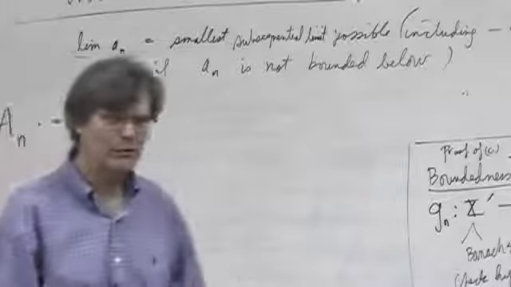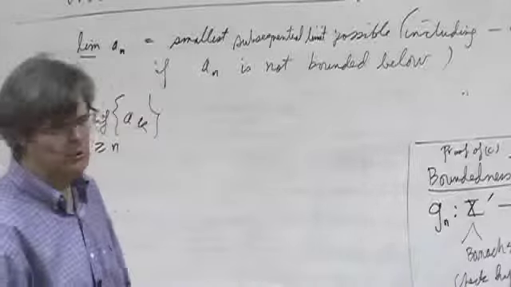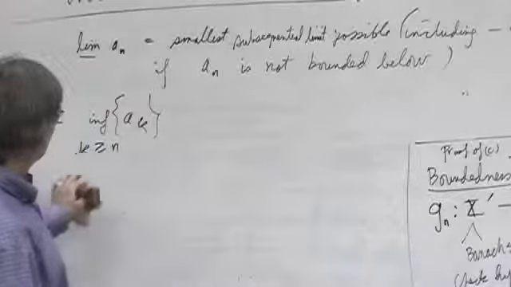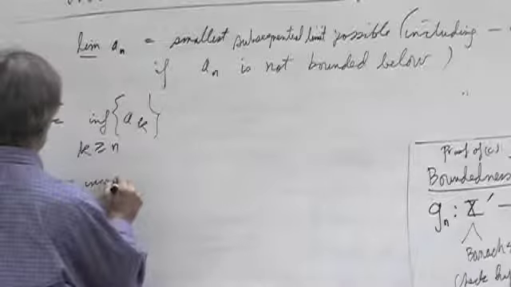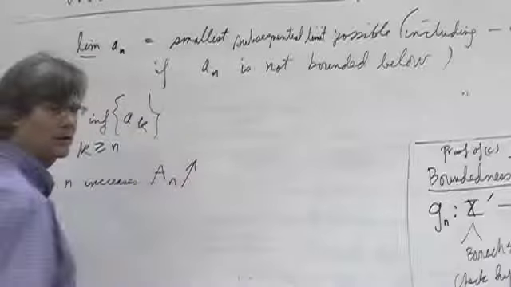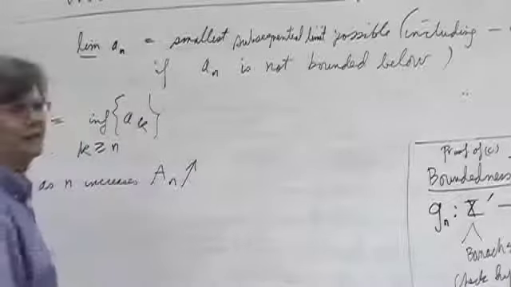So if I'm thinking of 1, minus 1, 1, minus 1, that's just the infimum of 1 and minus 1, which is minus 1. Now as n increases, A sub n goes up, at least it doesn't go down. That is, it's non-decreasing.